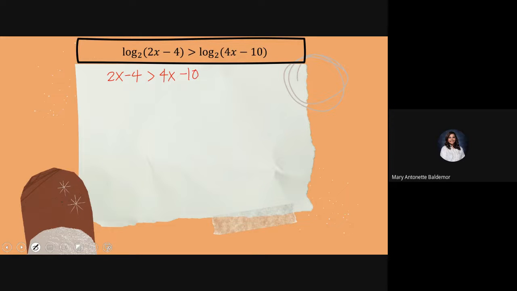minus 10. Okay, so we can now combine similar terms. So 2x minus 4x greater than transpose negative 4, so this will become positive 4. So this is negative 10 plus 4.